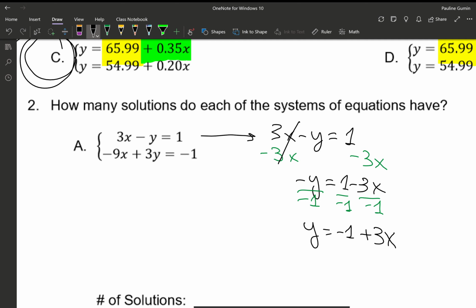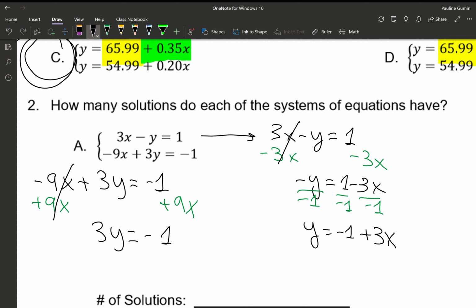All right, let's do the same thing with the bottom equation. So I'm just rewriting it for myself. I'm going to begin by adding 9x to both sides to move it over. So I have 3y equals negative 1 plus 9x.